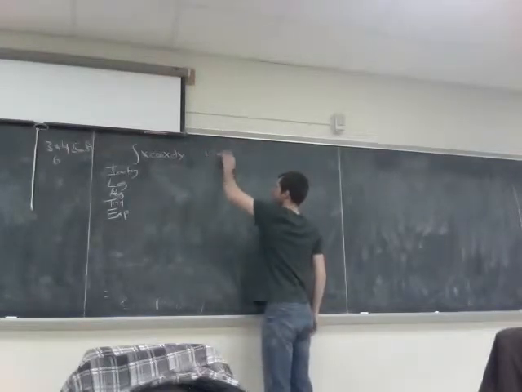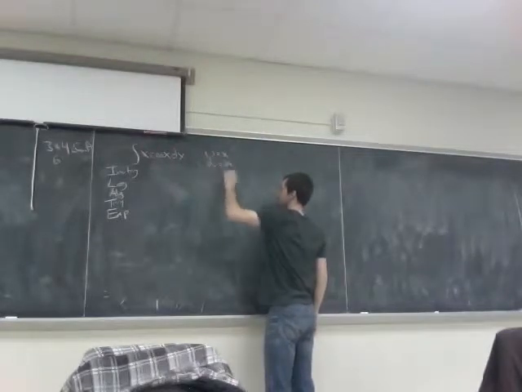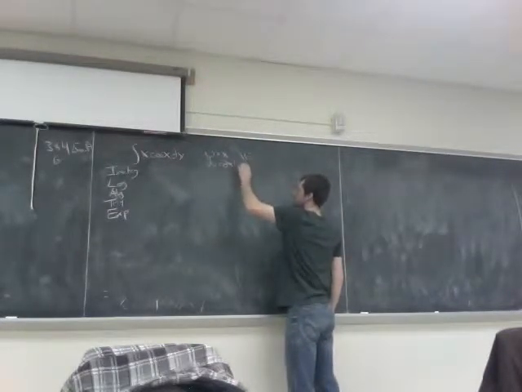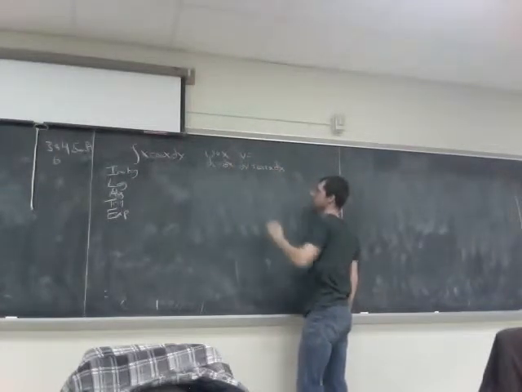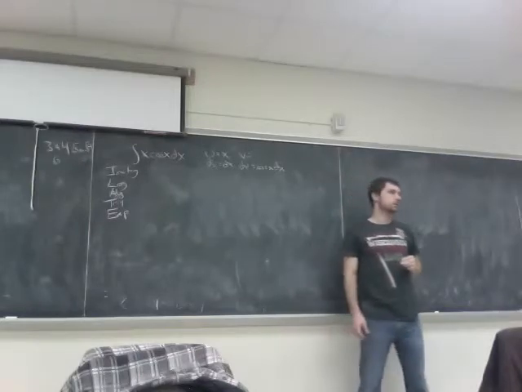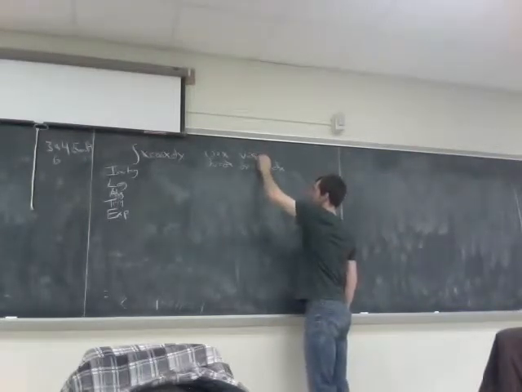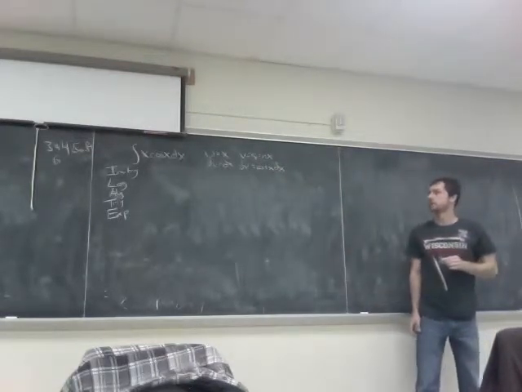So we've got u is x, then du is dx. And then dv is our cosine x dx. And so the antiderivative of cosine is sine. And then we're there. Okay.